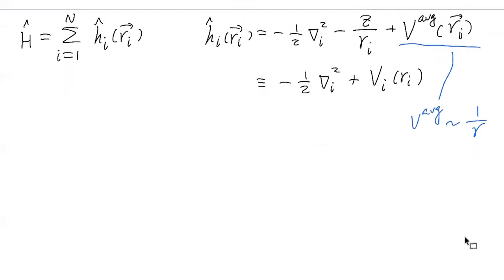So by doing this, the many-body Schrödinger equation, H Psi equals E Psi, where Psi is a many-body wave function that depends on the location of all the electrons.